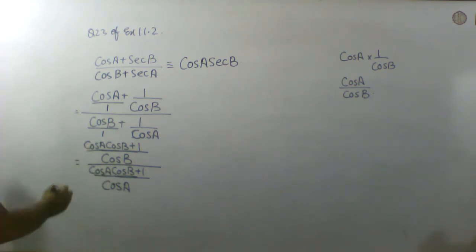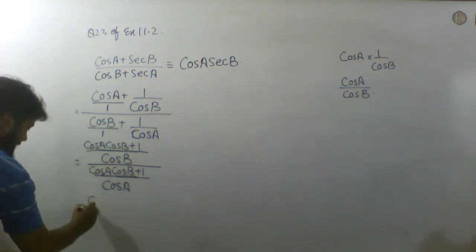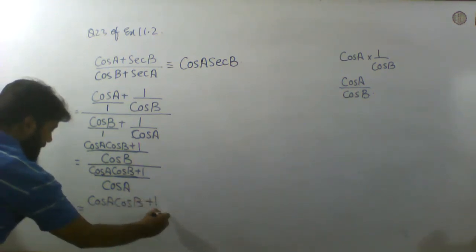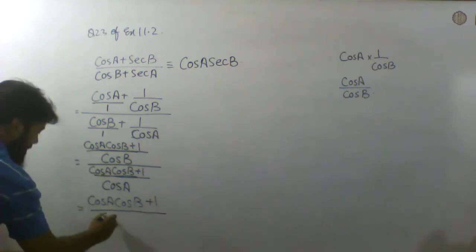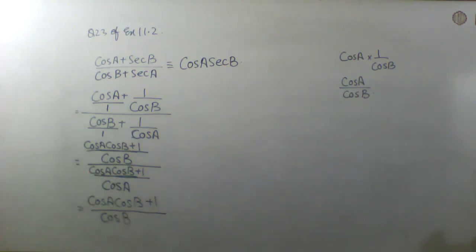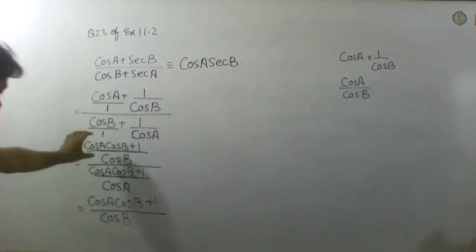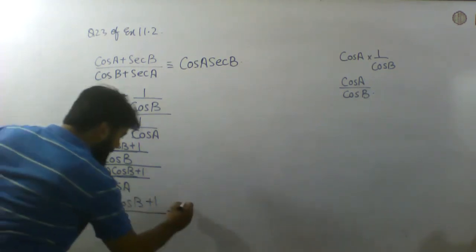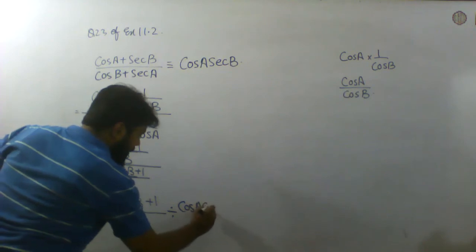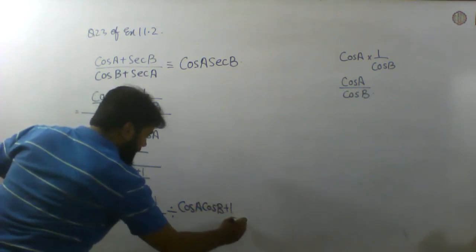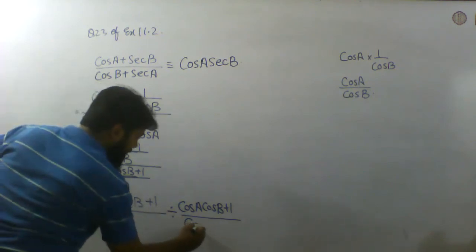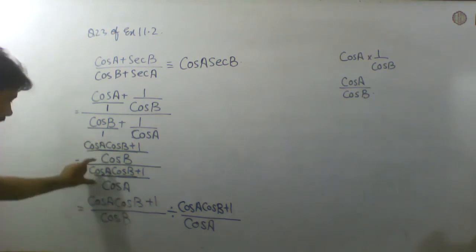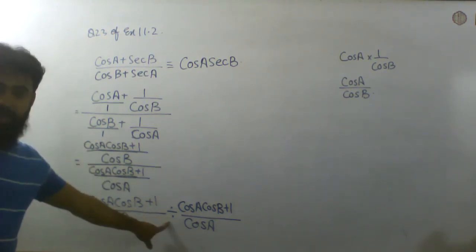After that, I am going to write them in division form: cos A cos B plus 1 upon cos B, with a divide sign, then cos A cos B plus 1 upon cos A. For your understanding, I have written the fraction in division form.